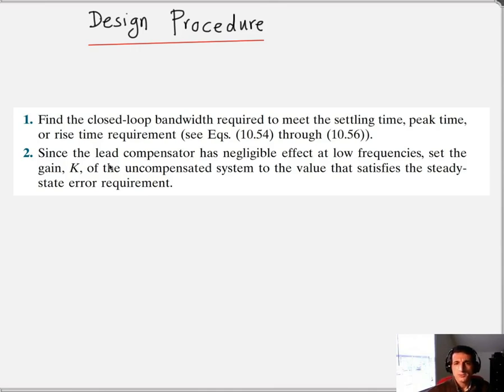You use the fact that the lead compensator has negligible effect at low frequency to set the gain K of the uncompensated system to a value that satisfies the steady state requirement, either Kp, Kv, or Ka, depending on the type of the system.